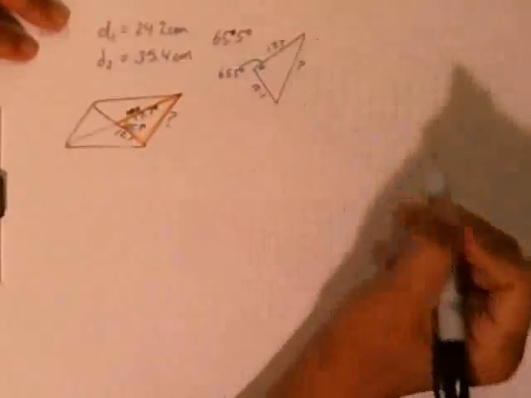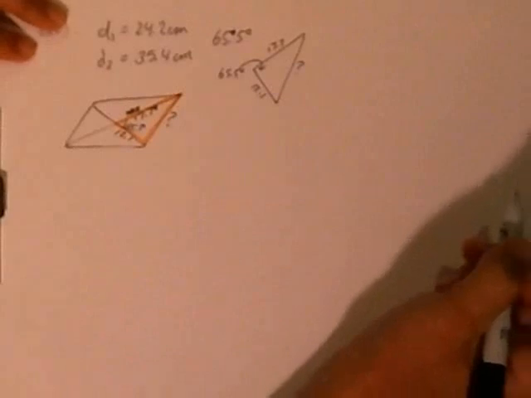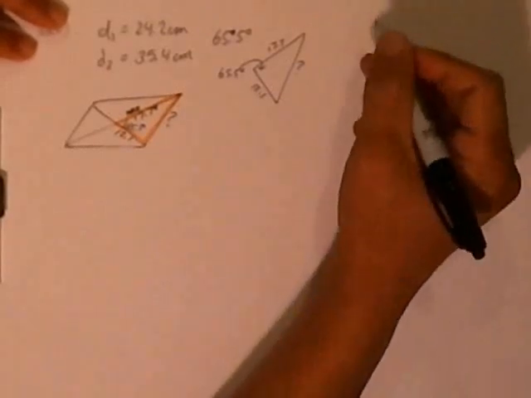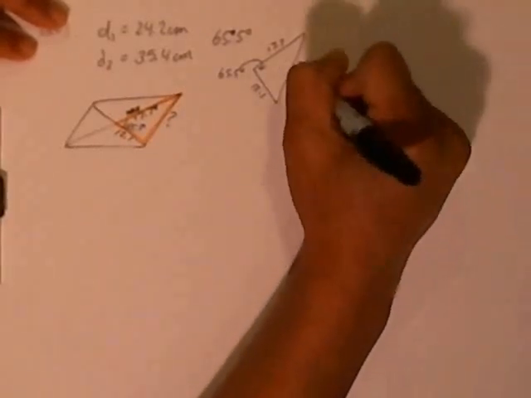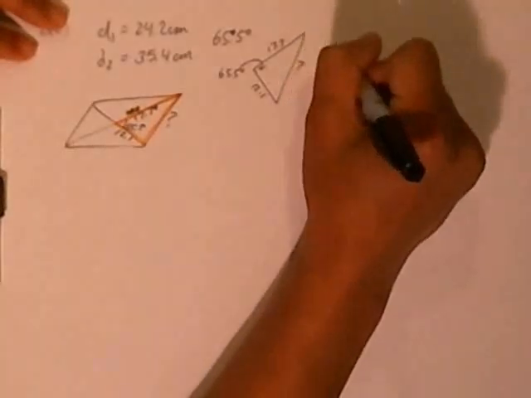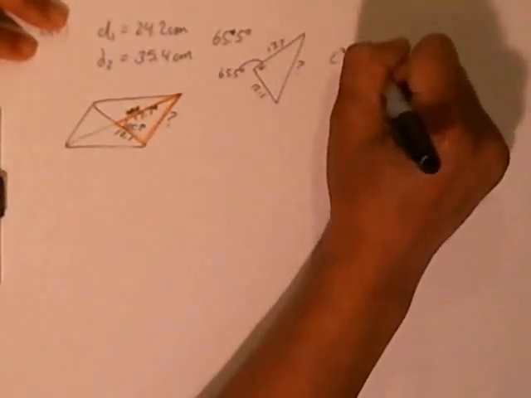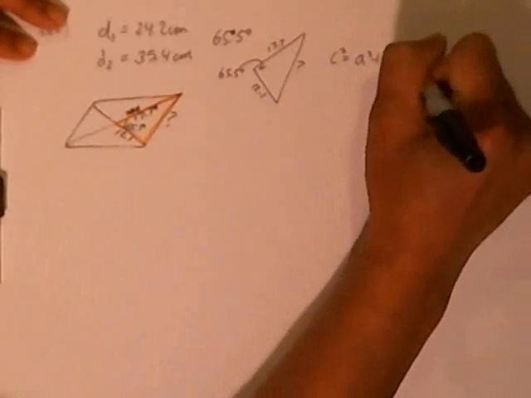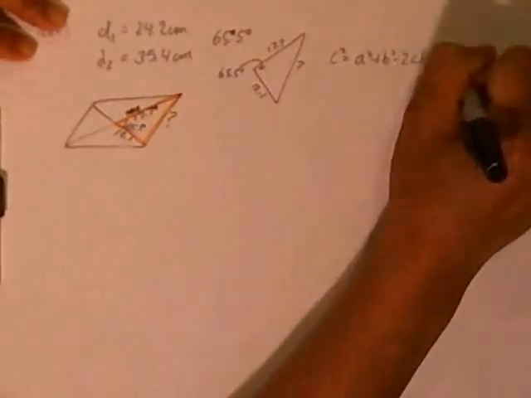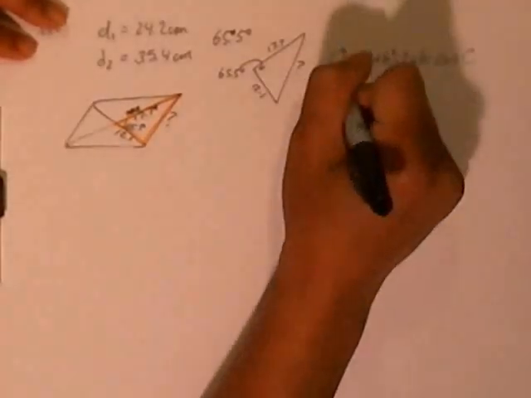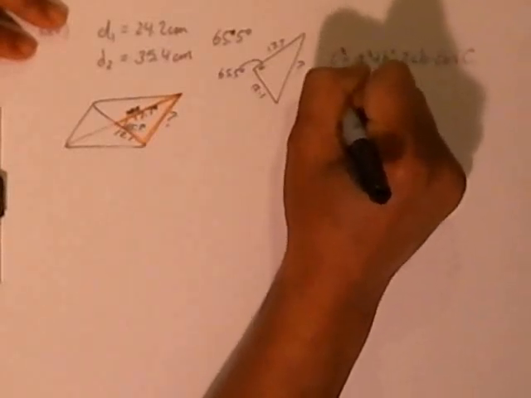You have an SAS situation. I'm just going to set up the process for you, and you can finish the rest of the information. So let's call this C squared is equal to A squared plus B squared minus 2AB times cosine of angle C. C squared, that's what we're looking for.